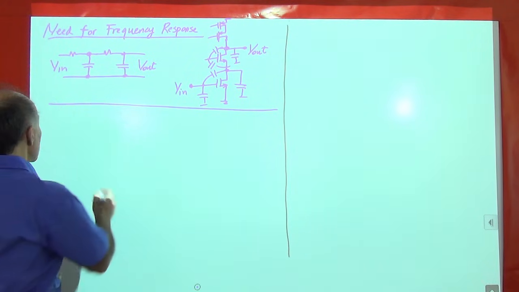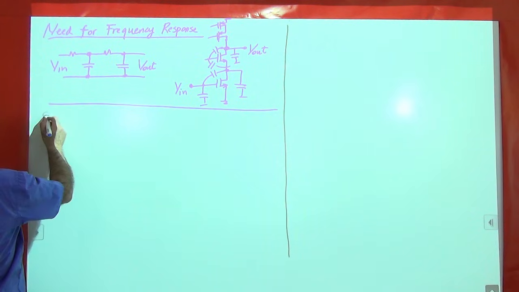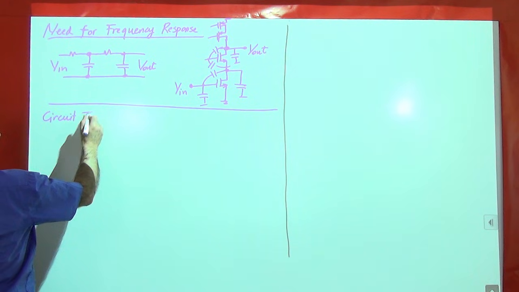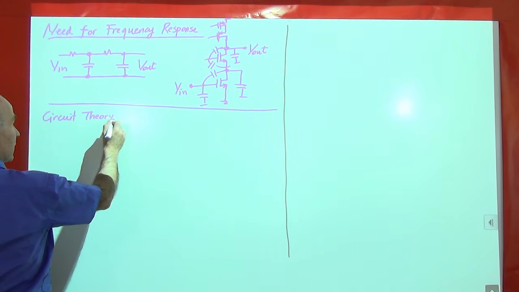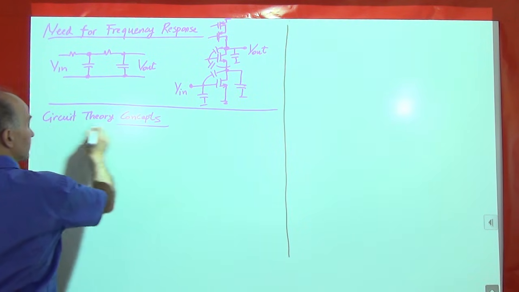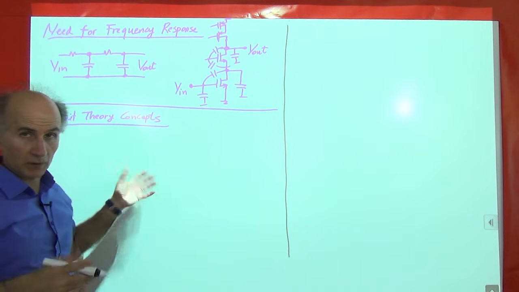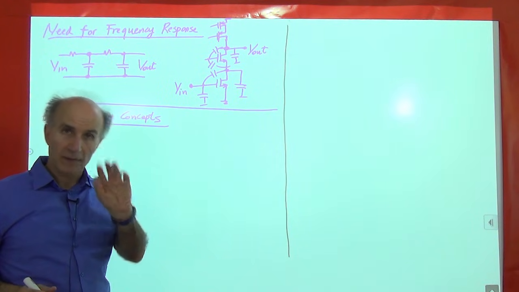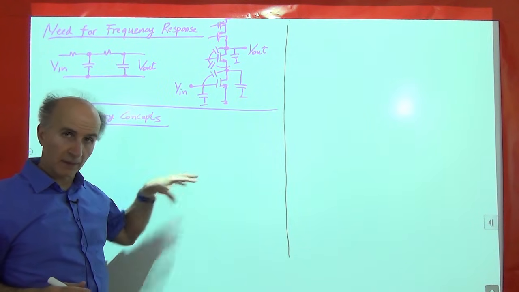Okay, so we'll start with circuit theory concepts. My objective is not to teach you circuit theory. That's not what this course is about. You have learned that before. I just wanted to show you a few points that we need in this study.